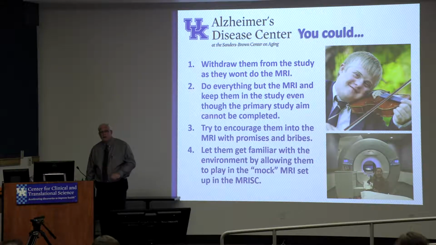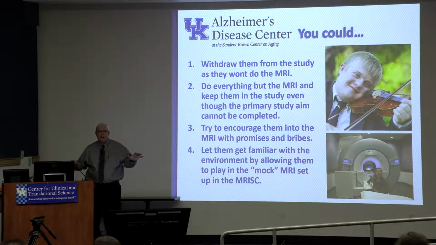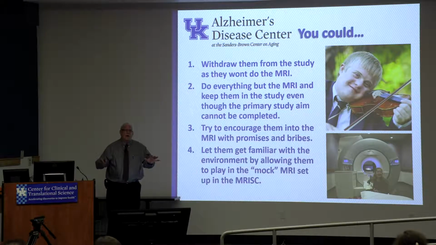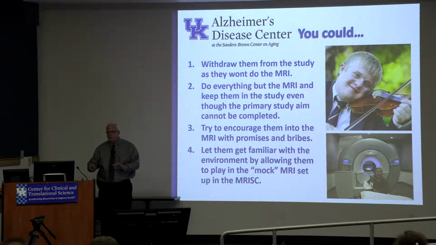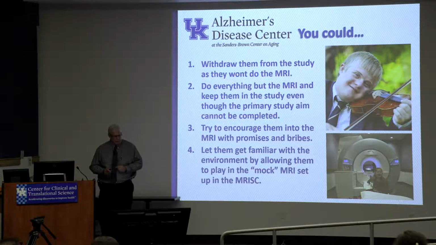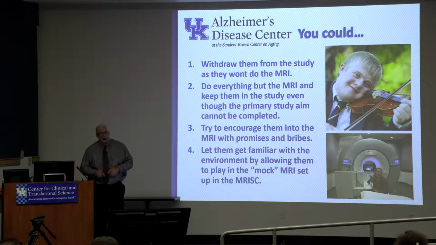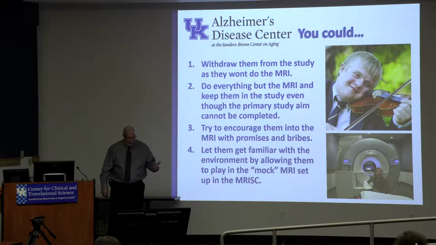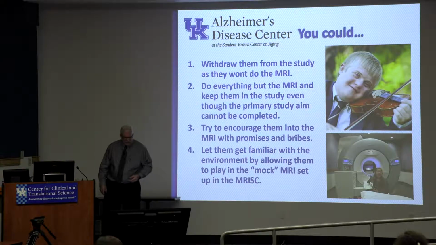Number 1, we could just say, all right, you're not gonna do the MRI, let's just take you out of the study. We could say, well, we're gonna do everything except for the MRI, even though it's the primary study outcome measure, we'll still garner some valuable information. We could try candy and toys again, promises and bribes. 4, we could let them get familiar with the environment.